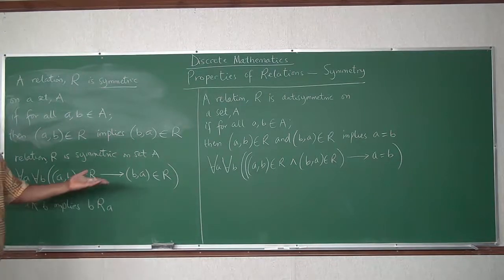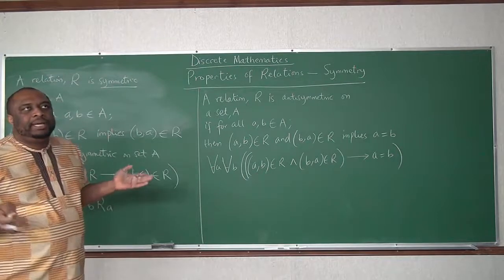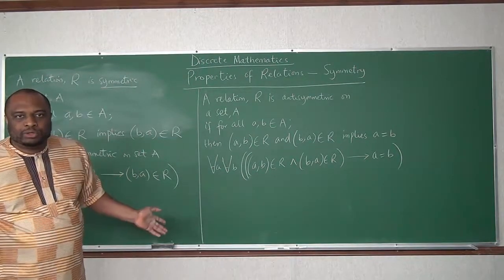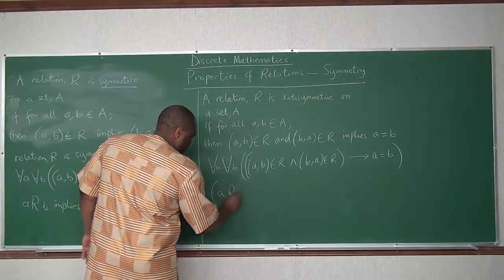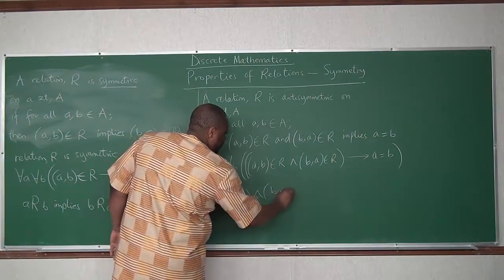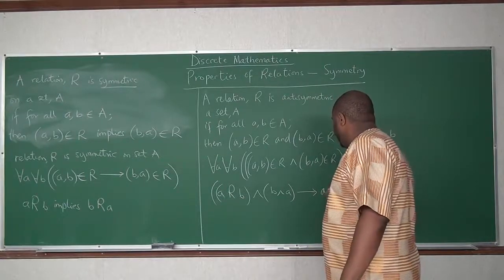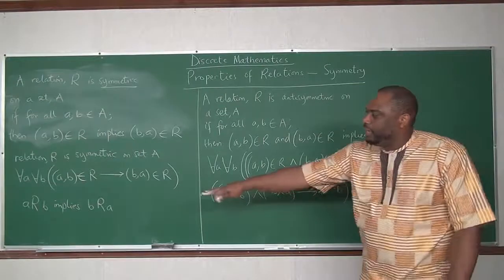And here, for antisymmetric, you could say that A relation B and B relation A implies that A is equal to B. Yeah, this is another way you could put it.